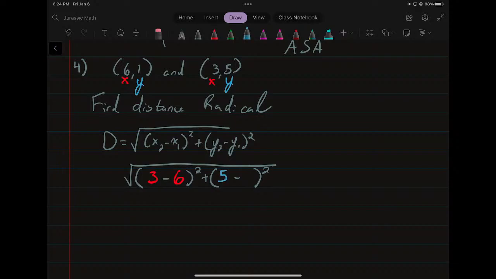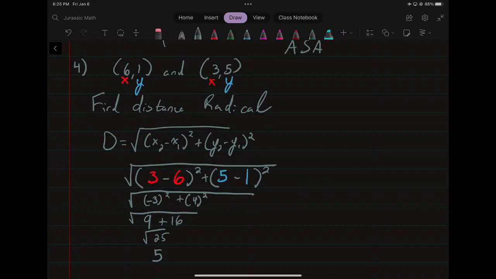And then the same thing for the Y's, which means now I'm going to do some math. 3 minus 6, negative 3 squared, plus 5 minus 1 is 4 squared. Oh, this is going to be a perfect square. 9 plus 16, 25, and the square root of 25 is 5. Wow, that one you didn't even have to do anything.